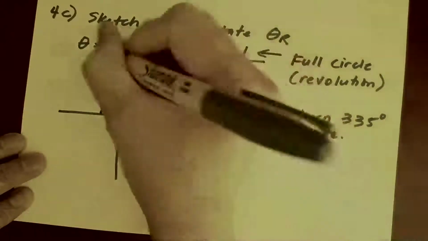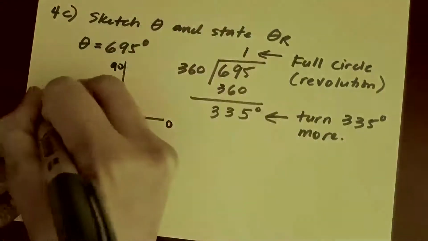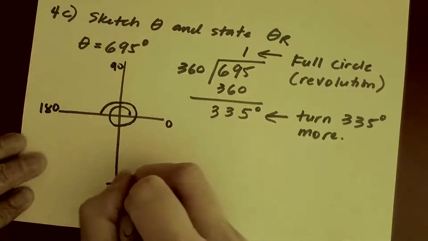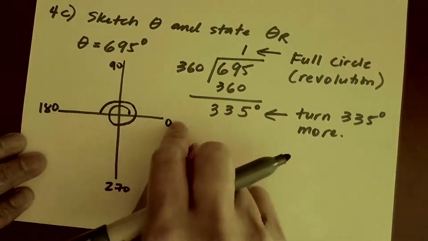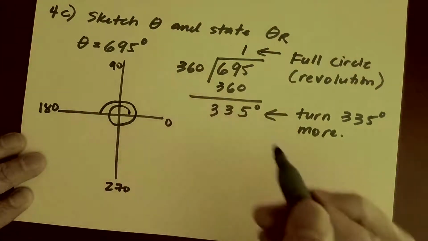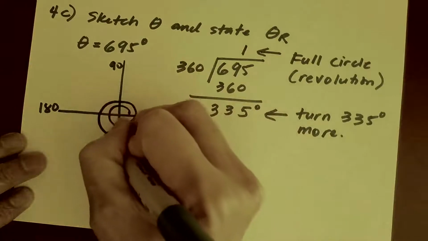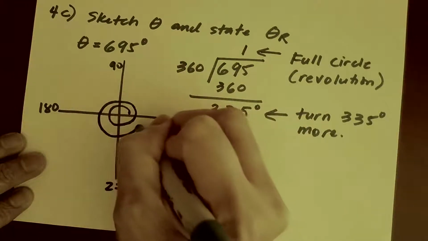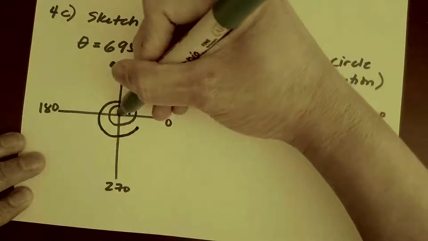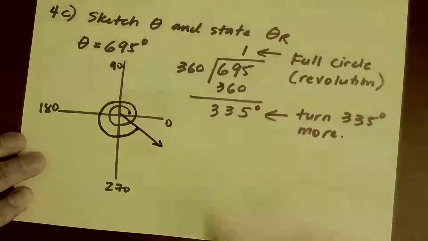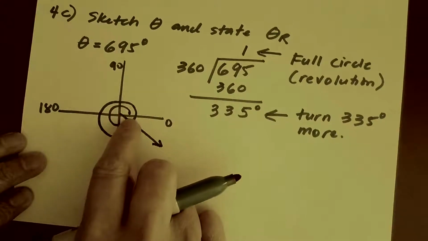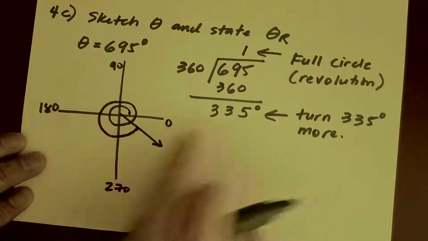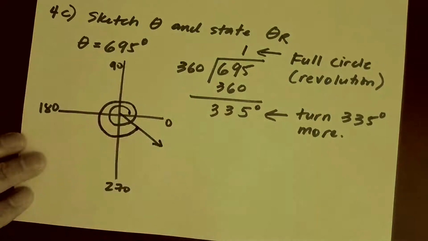This is 0, 90, 180, 270, and then going back here is another 360. So 335 degrees will make me land somewhere over here in quadrant 4. That's my run around, one full 360 and 335 degrees more, to make a 695 degree theta.